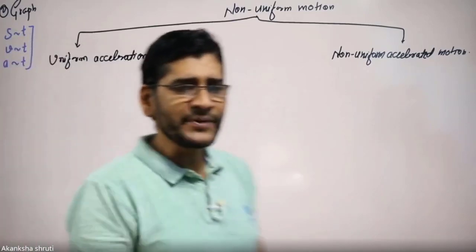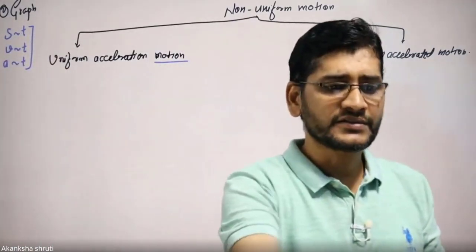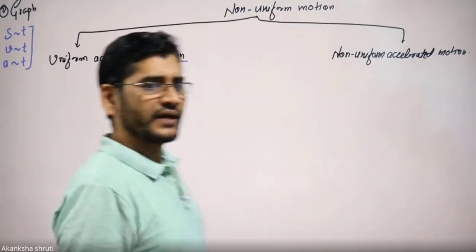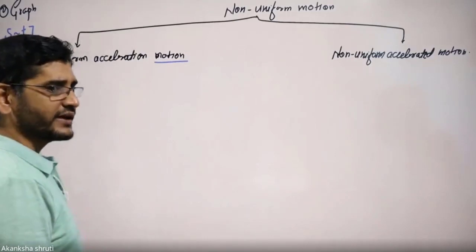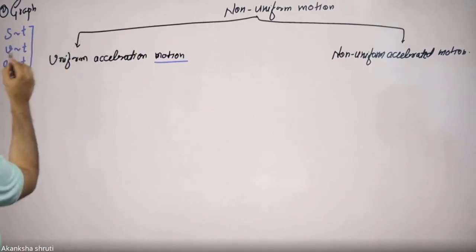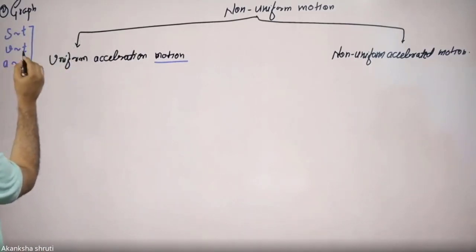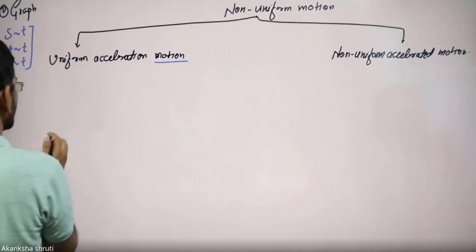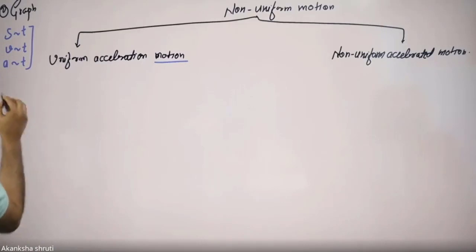It simply means its distance is changing, and the distance time graph we had already learned. Also, it is non-uniform, so velocity or speed is also changing. Acceleration is the fixed one.